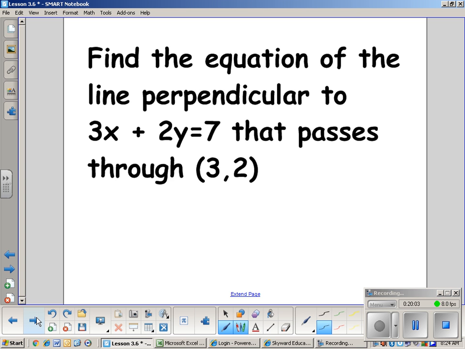Okay? So find the equation of a line perpendicular to 3x plus 2y equals 7 that passes through (3, 2). I'll let you copy that down and we'll do that. I think this is the last example. So, first of all, we want to find the equation of a line perpendicular.